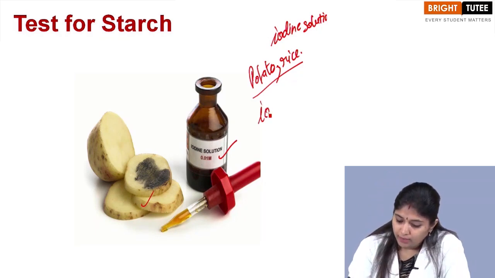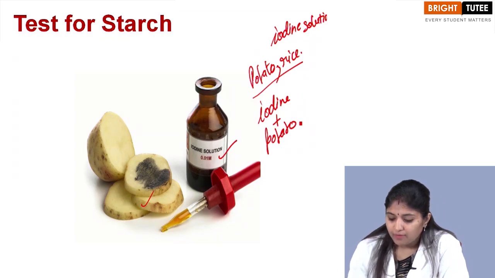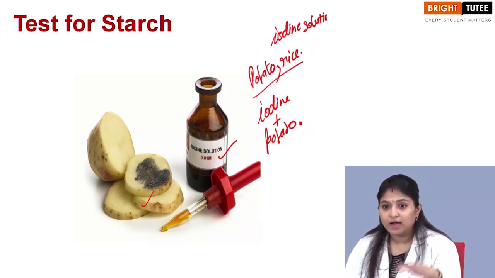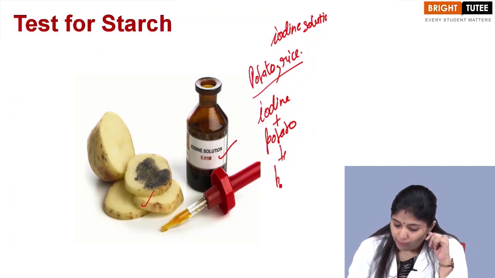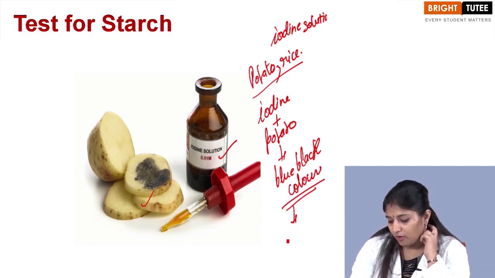We take this iodine solution and add it to, let's say, the potato, correct? So what happens whenever a food contains starch? The iodine reacts with starch and gives us a blue-black color pigment, correct? And that indicates the presence of starch, right?